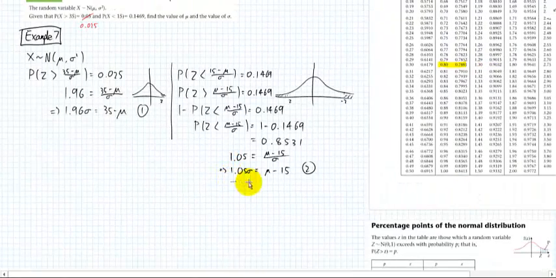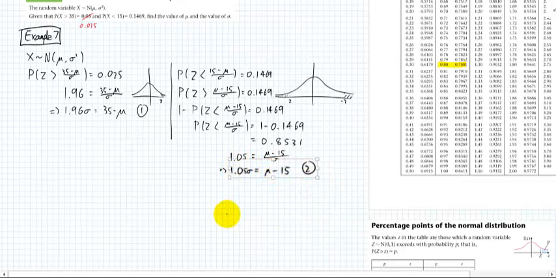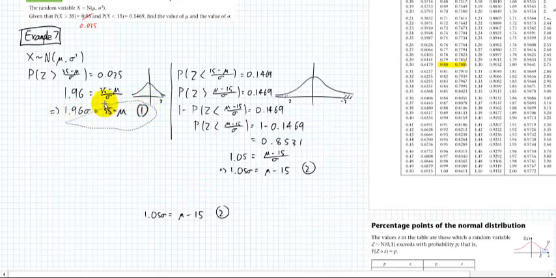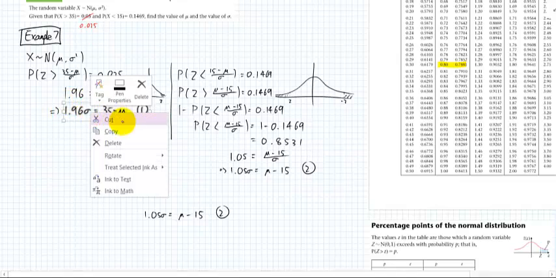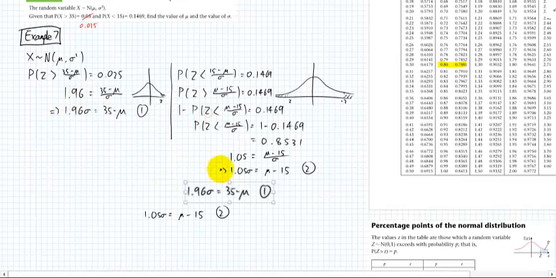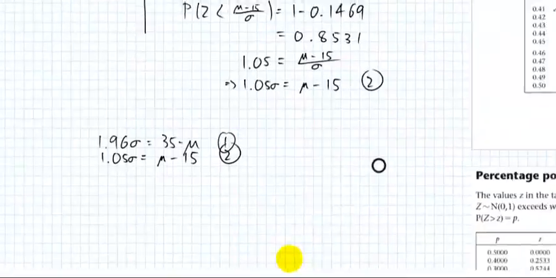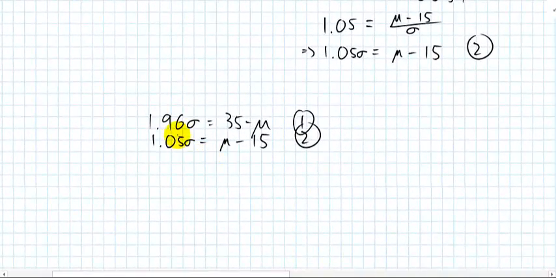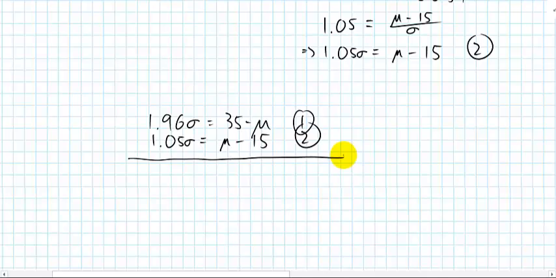So let's use these two equations to solve mu and sigma. You could do substitution by making one of them the subject. It wouldn't be much harder, but whenever you can, I would recommend the elimination method.